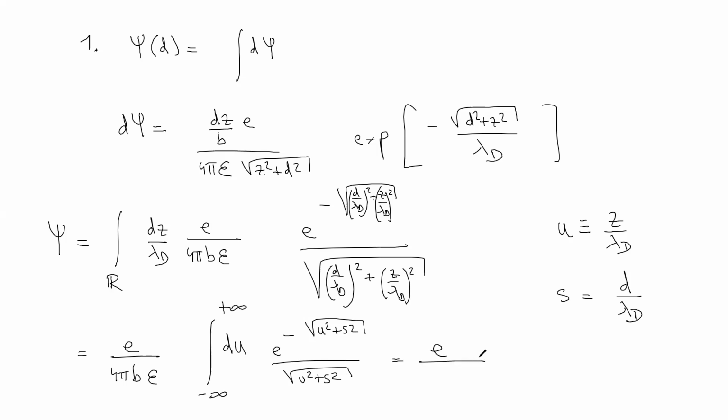So it's also true that I can have this. So it's more compact. So in fact, as we can see, since u is integrated everywhere, it's only a function of s.